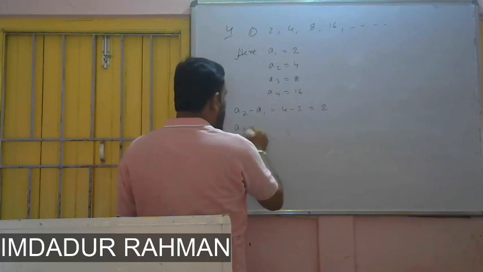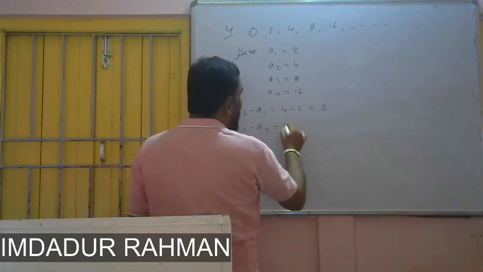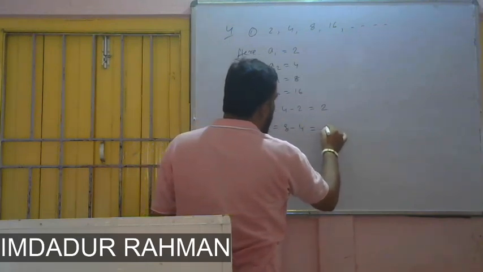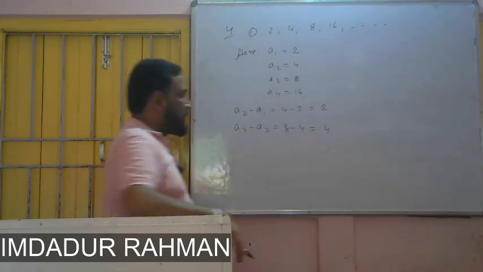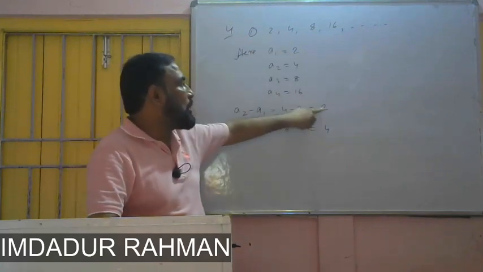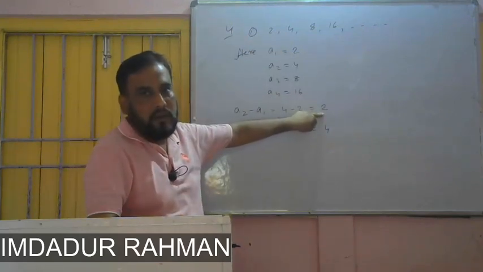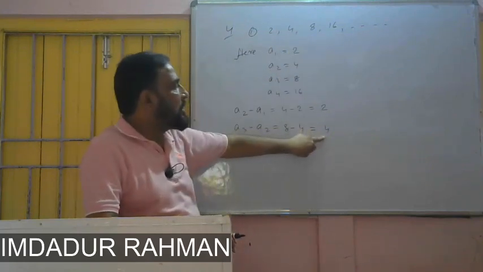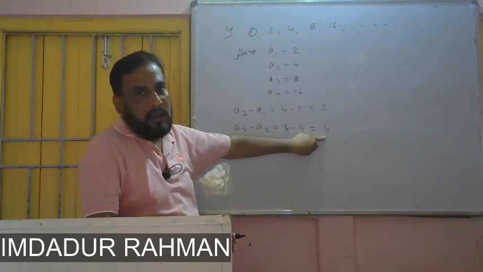So here we are finding the common difference as 2 for the first two terms. Now a3 minus a2. a3 is 8, minus 4 is equal to how much? 4. You see, from the first two terms we got the common difference 2, and from the second and third terms we got the difference 4.